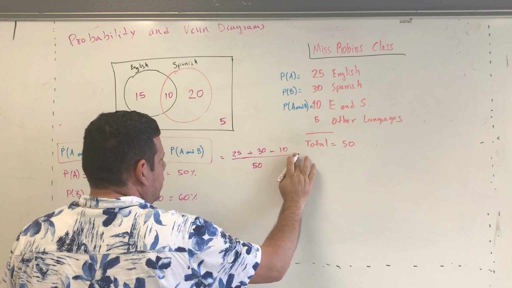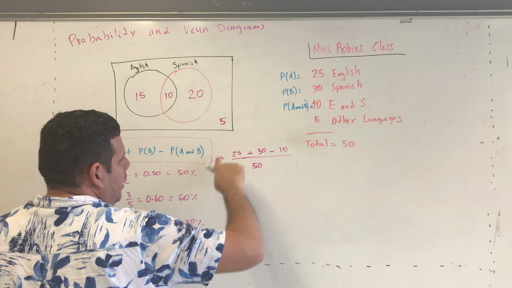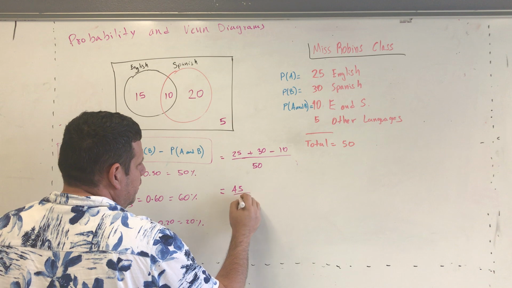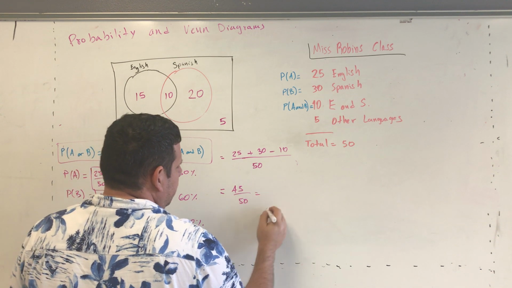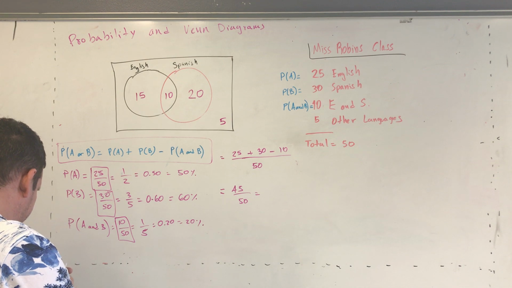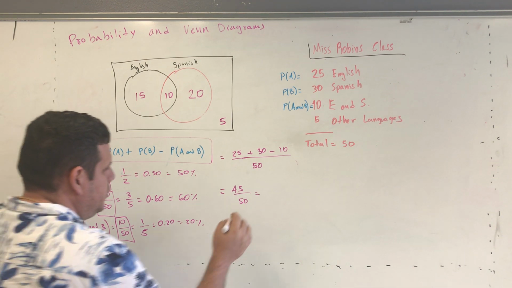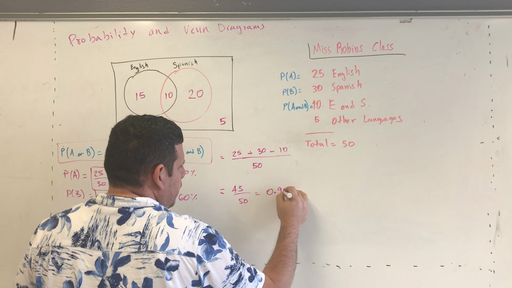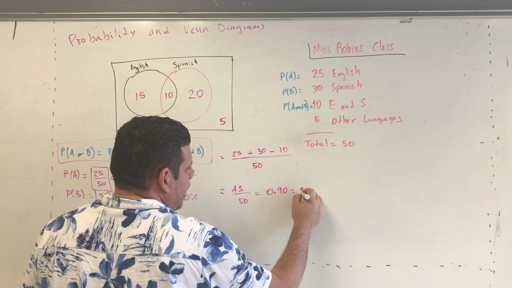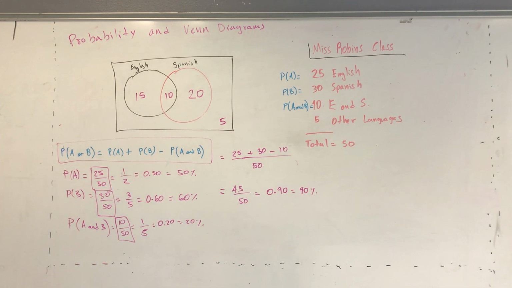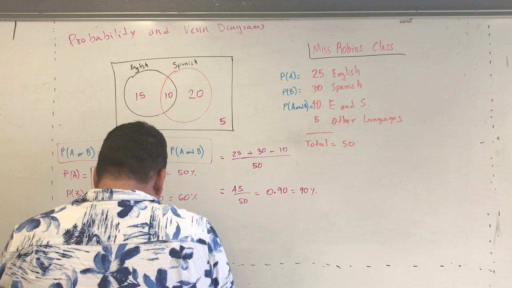Okay, for this addition we have 55 minus 10 is 45 divided by 50. Okay, so 45 divided by 50 equals 0.9, which is 0.90, which is 90%. Okay, so this is basically the answer.